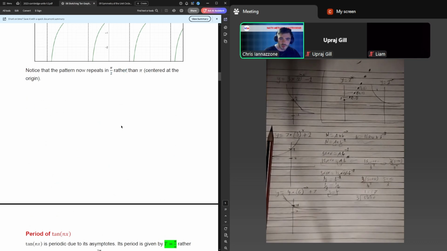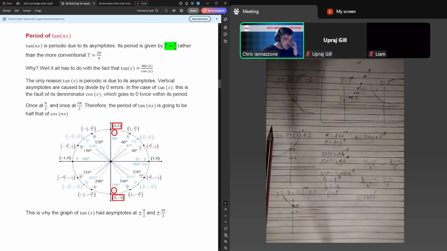which sure enough is our total distance. Now, why is it half the period of the other circular functions, which are normally 2 pi over n? It's again got to do with the fact that the asymptotes are caused by cosine going to 0. In the case of sine and cos, you go around the unit circle every 2 pi.